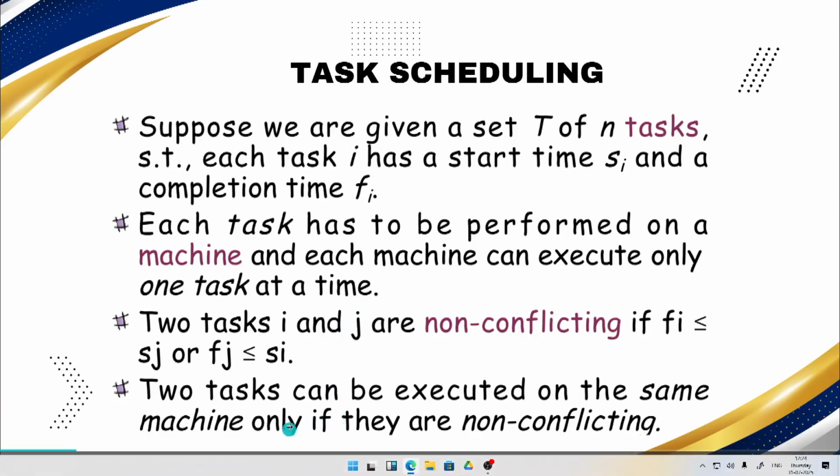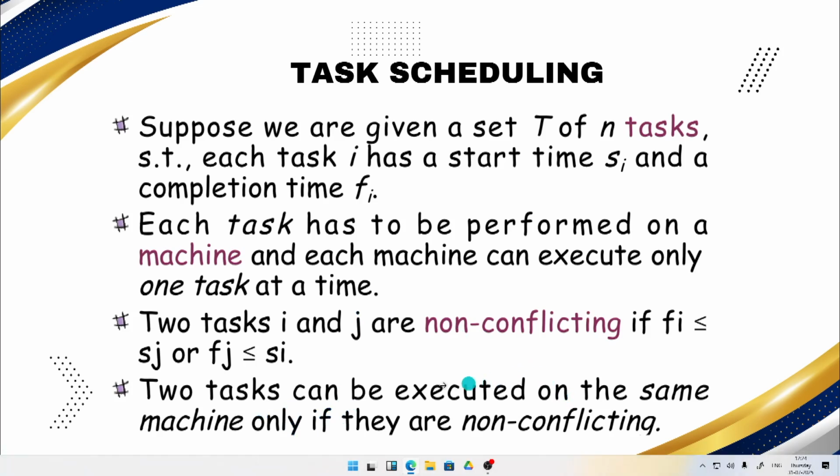If two tasks have different start and finish times, then it is obvious that those two tasks can be scheduled on the same machine, because they use that machine at different time periods. So, two tasks can be executed on the same machine only if they are non-conflicting in nature. This is one of the constraints that we need to verify before scheduling the tasks onto the same machine.